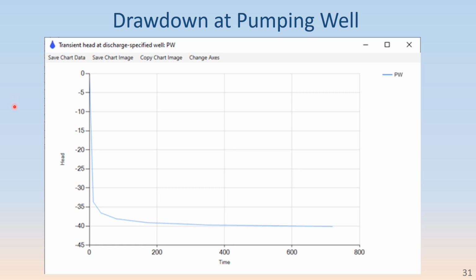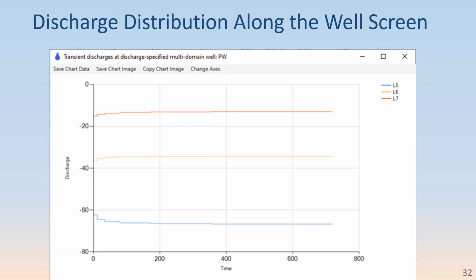Here is the simulated drawdown in the pumping well itself, which was a large diameter pumping well, 18-inch or something like that. And this matched very nicely with what's observed in the pumping well during a typical cycle. Here's the simulated discharge distribution coming into the pumped well.